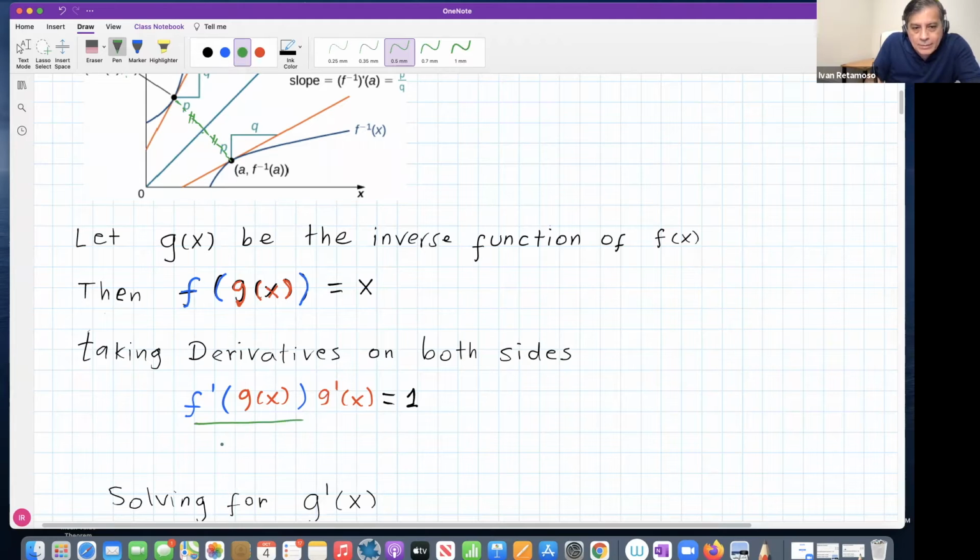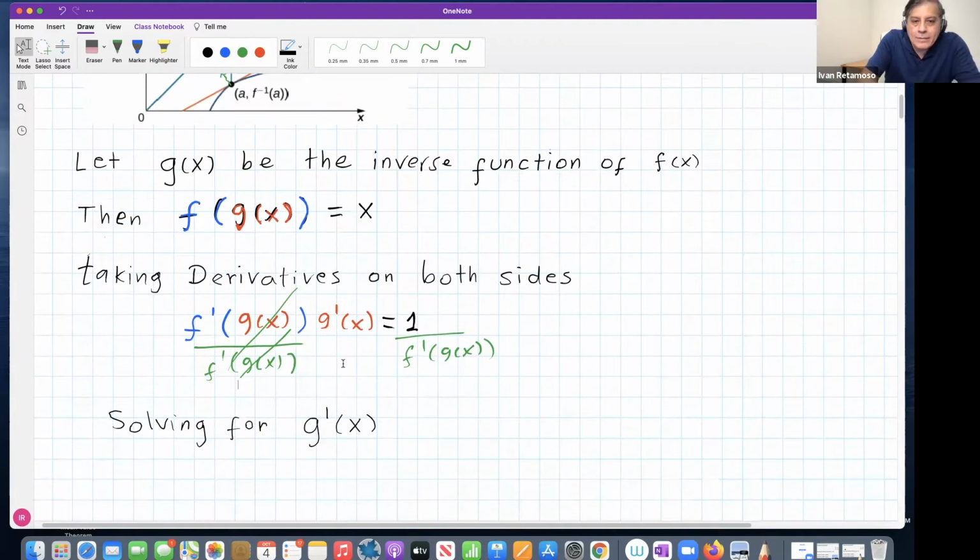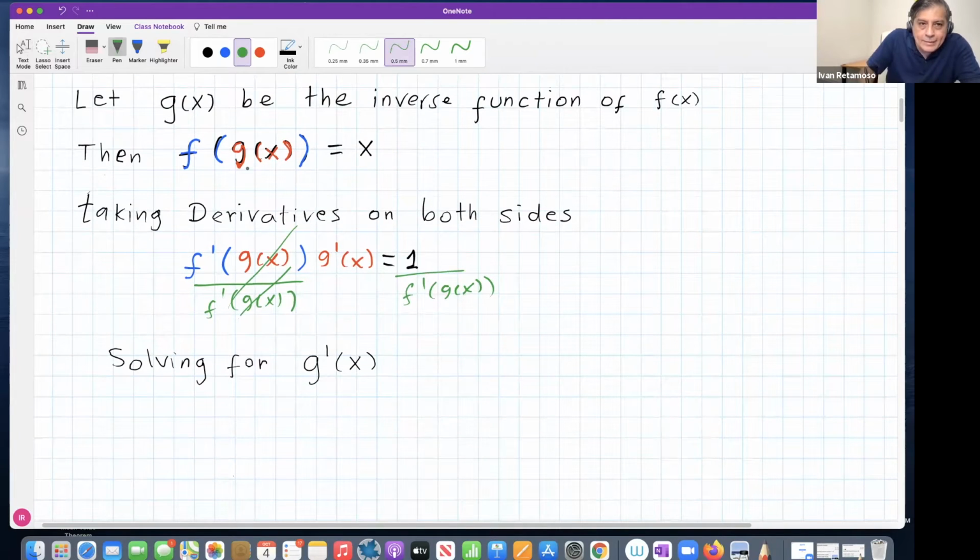If I divide both sides of this equation by this guy, f prime of g of x, I'm going to get here, after canceling, g prime of x equals 1 over f prime of g of x. So solving for g prime of x, what we're going to get is this nice formula.